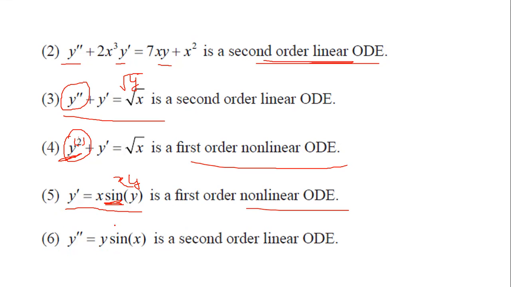Even if it is multiplied with the transcendental function sin x, y is there with no power of y. Therefore, it is a second order linear ODE. So you should know the difference between when it is a linear and when it is a non-linear ordinary differential equation.